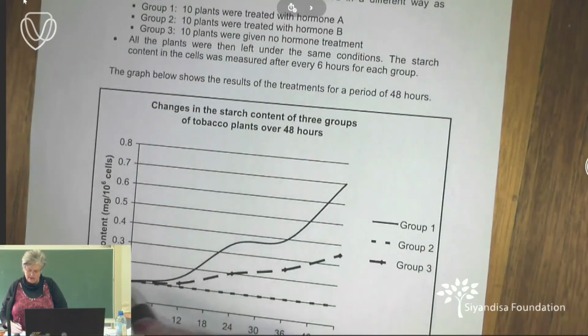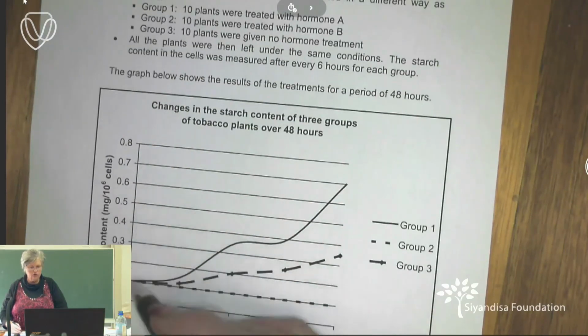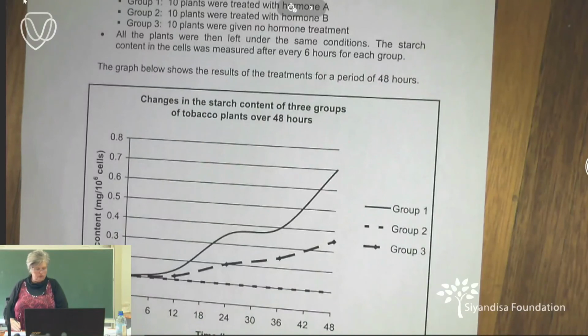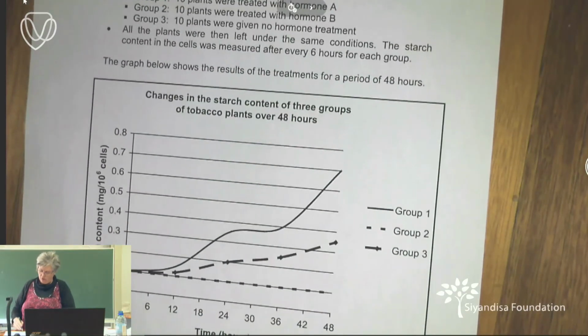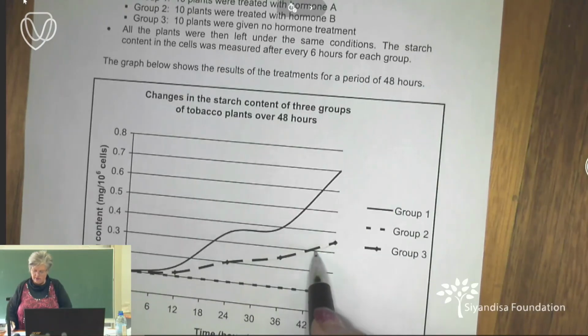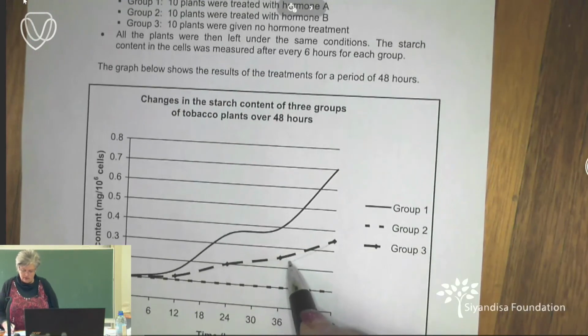So look at hormone A. Hormone A increased cell starch content, so quicker growth. And then plant hormone B. What is plant hormone B? Plant hormone B was a little bit slower in producing starch.